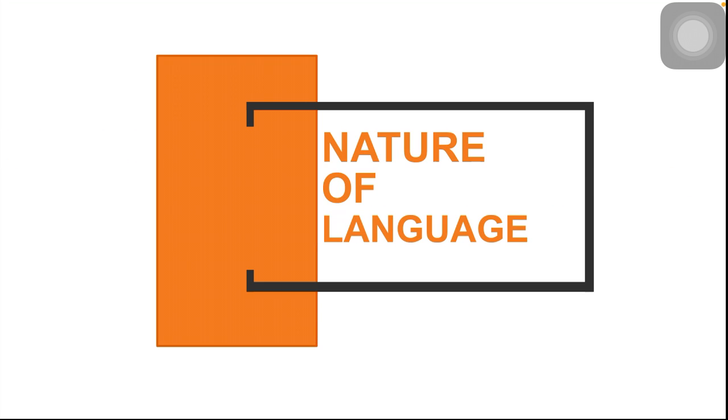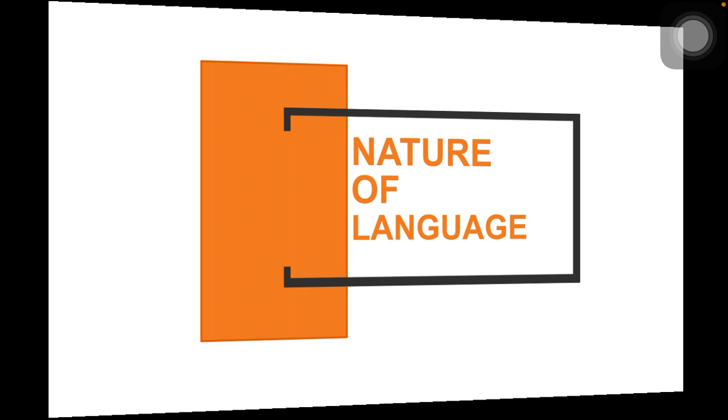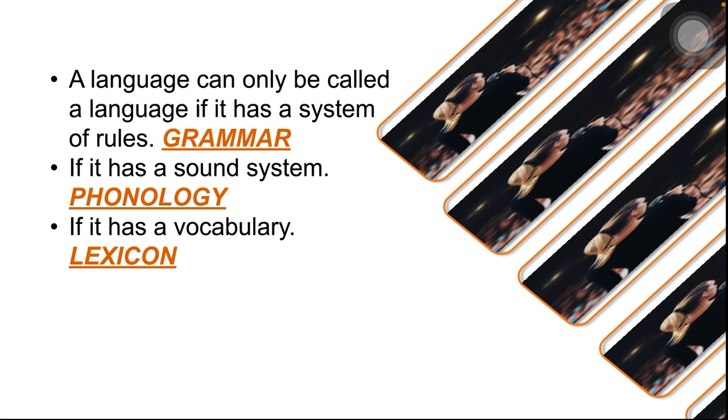We have the nature of language. So, a language can only be called a language if it has a system of rules, or what we call the grammar. Again, grammar is the system of rules of a language.